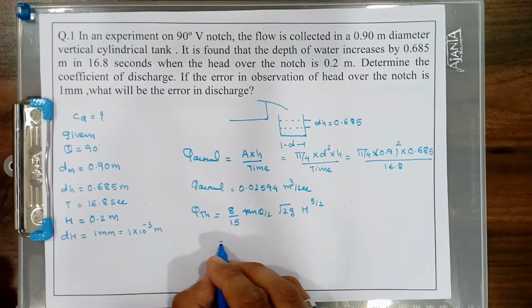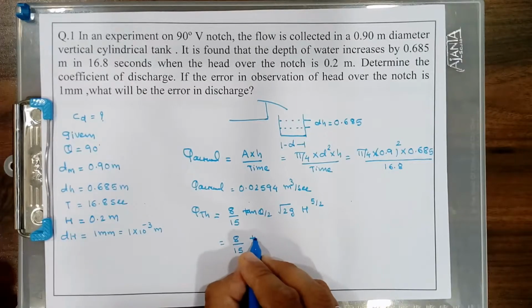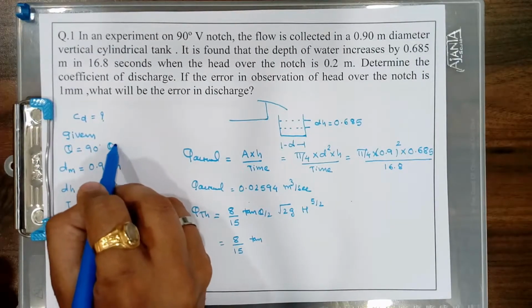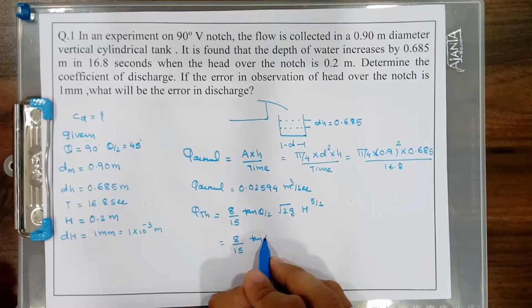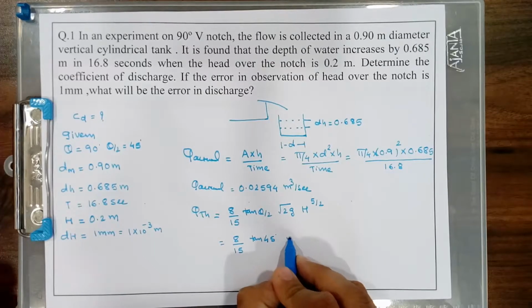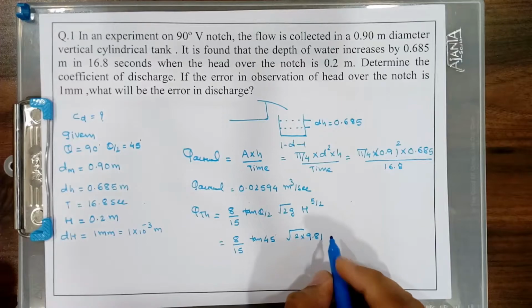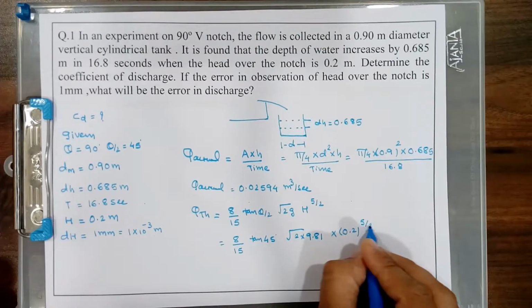So we know the 8 by 15, the angle is given, that is 90 degree, so theta by 2 becomes 45. So here it is tan 45 into under root of 2 into 9.81 into H, that is 0.2, whole to the power 5 by 2.